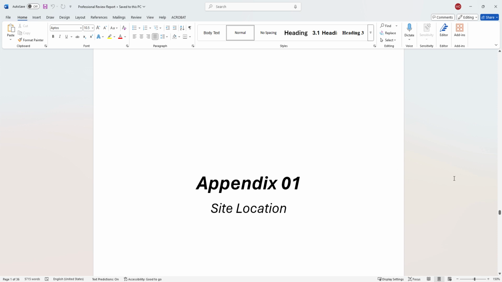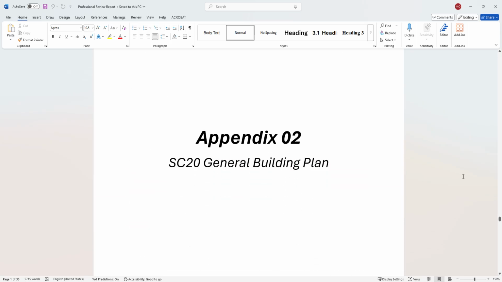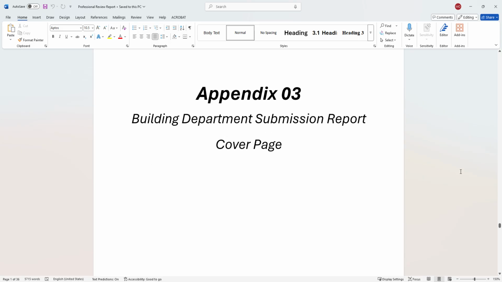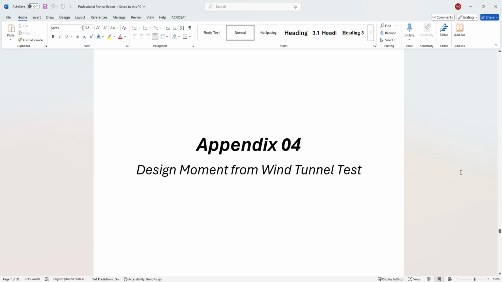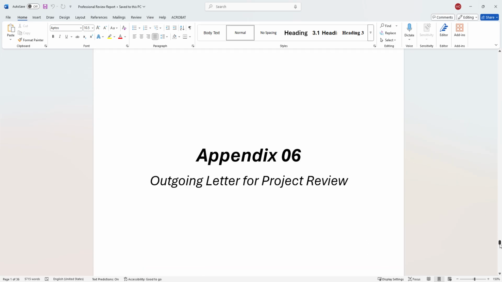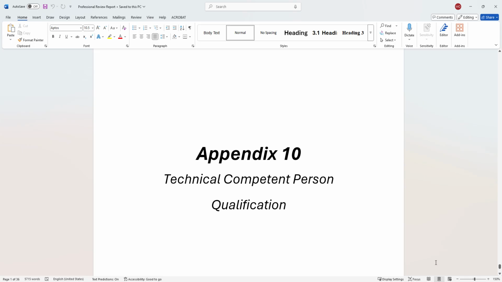There's a site location, Appendix 1. There is the general building plan, Appendix 2. Appendix 3 has the building department submission report, the cover page. Appendix 4 is design moment from wind tunnel tests, and then it continues down to the very last appendix, which is Appendix 10, technical competent person qualification.